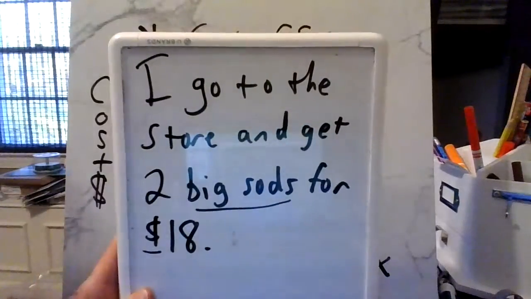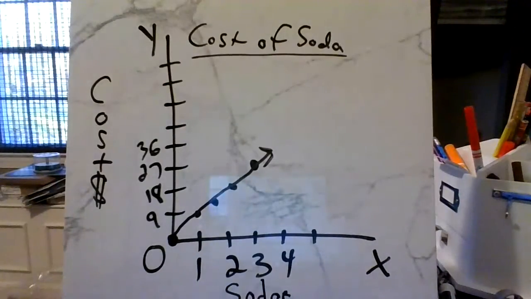Now, if you want to extend it out, I'd be really impressed if you did this. I'm sorry, I'm writing it out right now. This would be a really good extension for you.